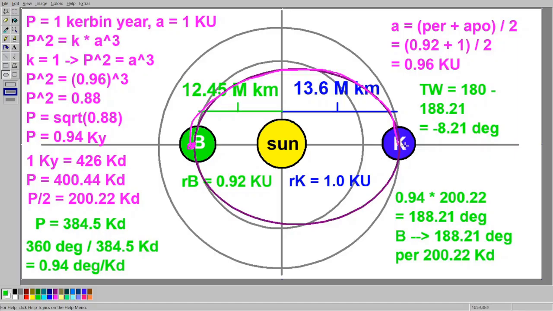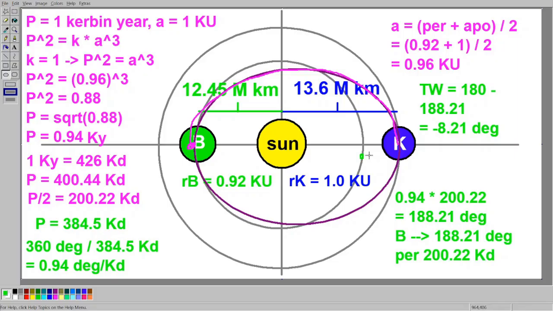All right, so that means negative 8.21 degrees, which means Bill should actually be, let me just use my protractor here. Right. So this is 10, 20. Okay, right here. Bill should be at this green dot.